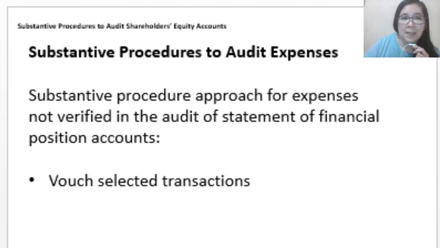And lastly, the auditor can vouch selected transactions which are related to expenses, meaning he will select transactions recorded from the books of the entity and then go through the source documents to verify its existence, authorization, valuation, measurement. So those are the different substantive procedures to audit the accounts under the shareholders' equity.